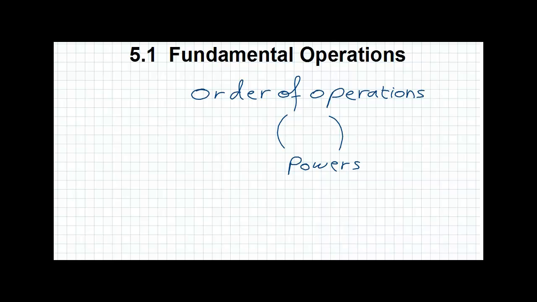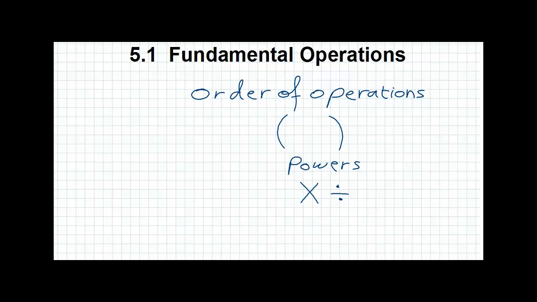Third priority is to perform any multiplications or divisions in order from left to right. So the third priority is for multiplication and division. And if the expression contains multiplication and division only, you do it from left to right.